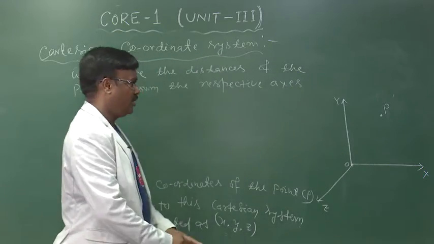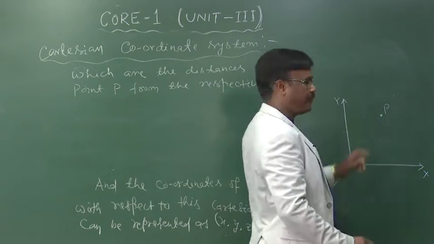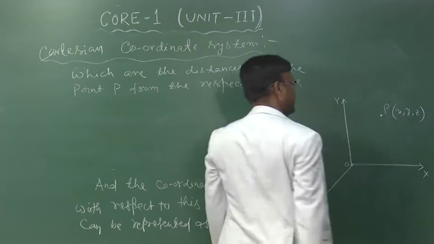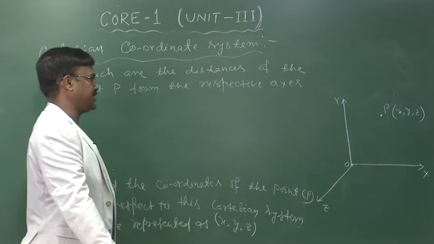That means the coordinates of this point P can be expressed as x, y, z in the Cartesian coordinate system.